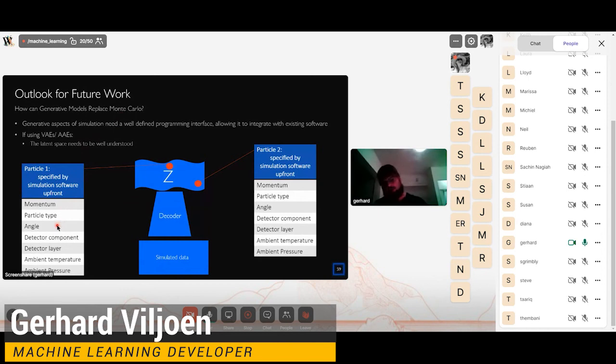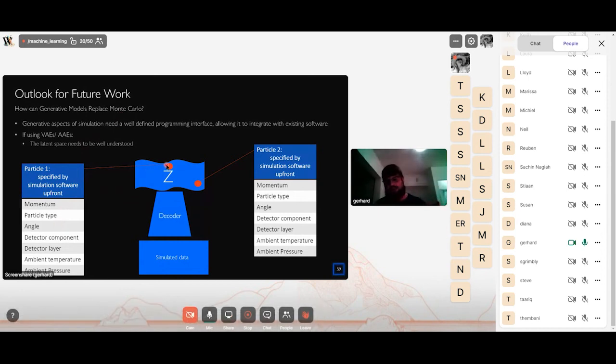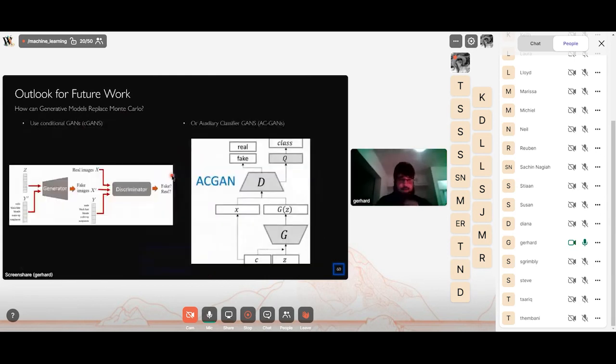So basically, a particle with X momentum and Y particle type, traveling at a certain angle, going through a specific detector component, where that maps to in your latent space, and where a different type of particle would map to. You don't use your encoder during training, so you just have this latent space which you feed through a decoder in production, and then you get your simulated data from that. But you need to actually understand what you're going to simulate. You can't just simulate randomly.